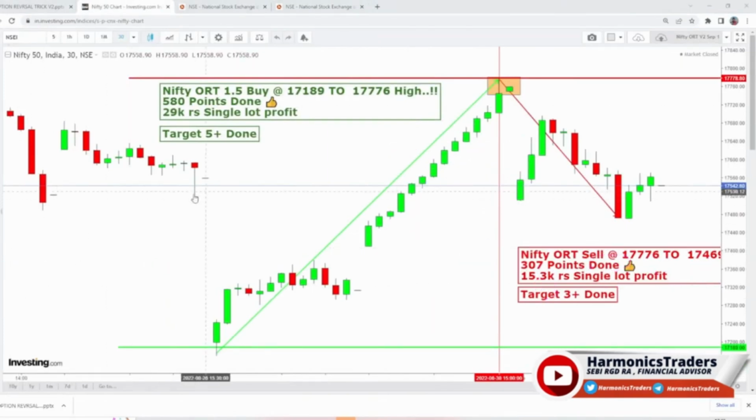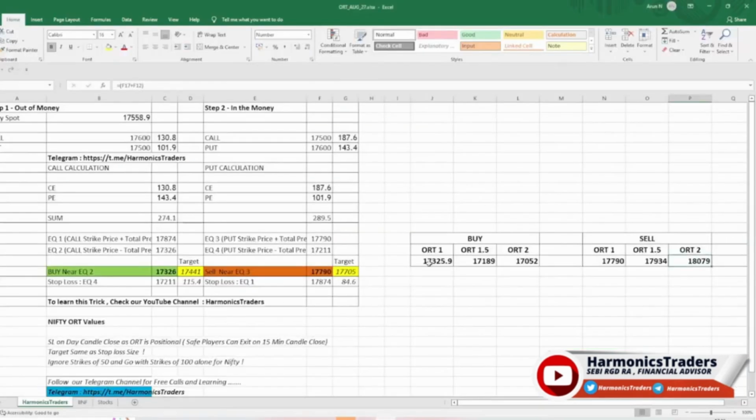If you see on August 29, the Monday, it was a huge gap down opening. The close was 17,582 and the open itself was around 17,199. So the ORT 1 was totally taken out. It opened near ORT 1.5, 17,189. What happened?